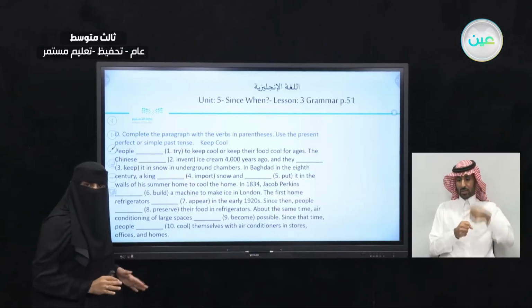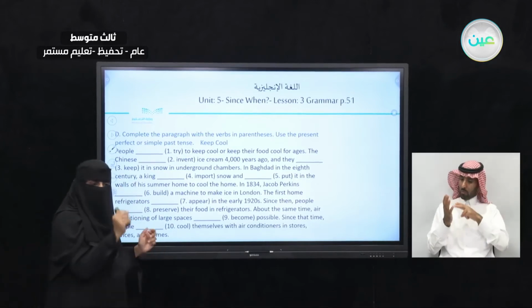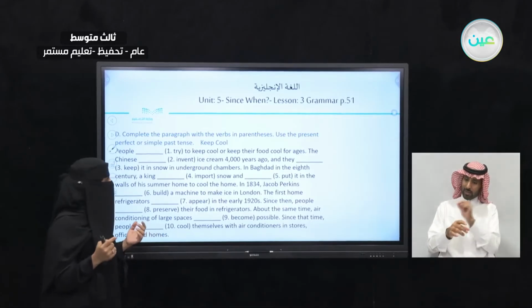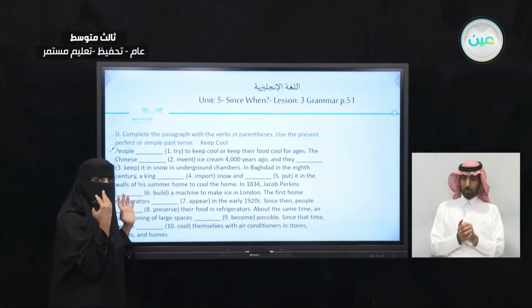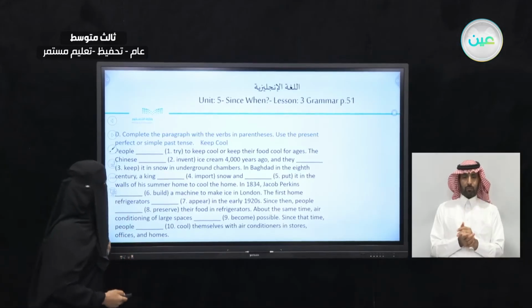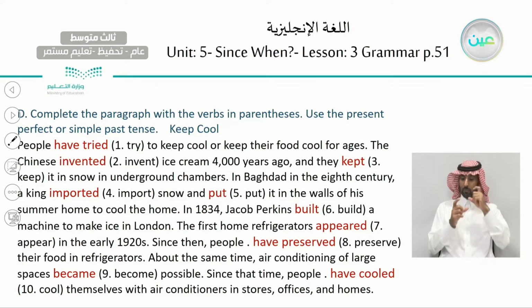Pause the video, read the whole thing, underline the times, okay? And complete the task, and then let's see the answers together, okay? So as we said, number one, we use the present perfect. People have tried to keep cool or keep their food cool for ages.